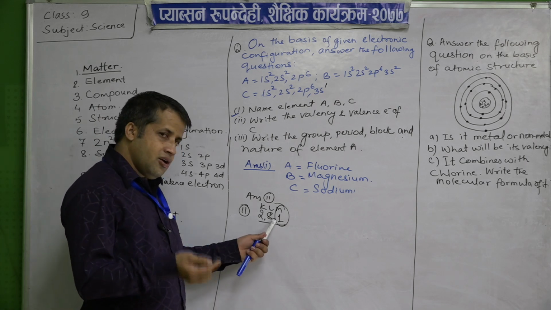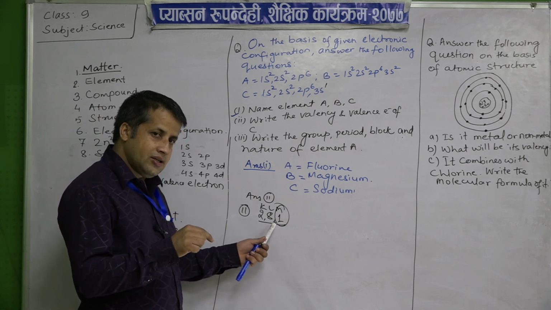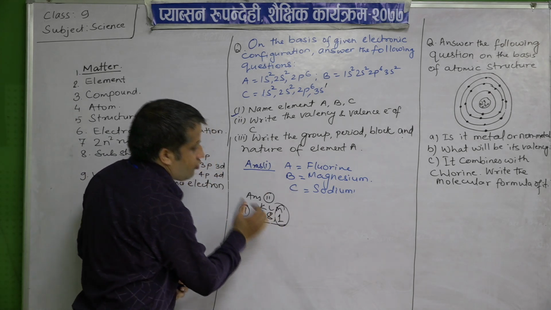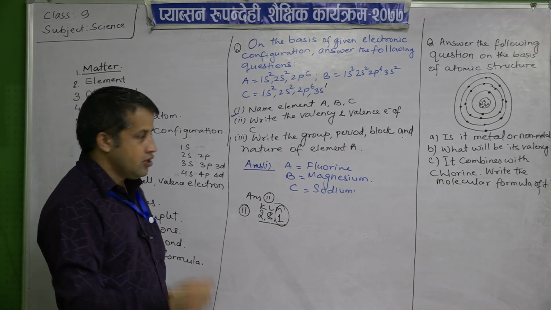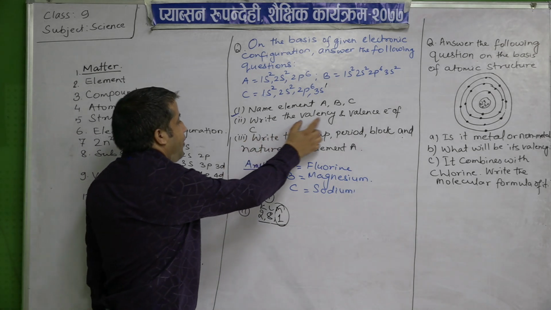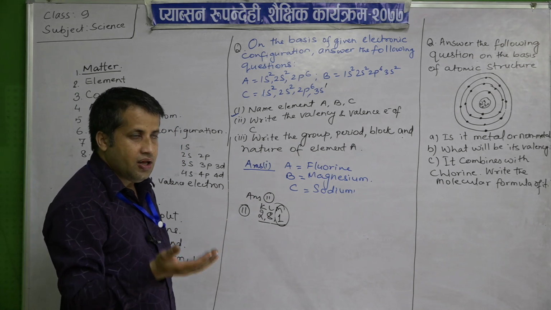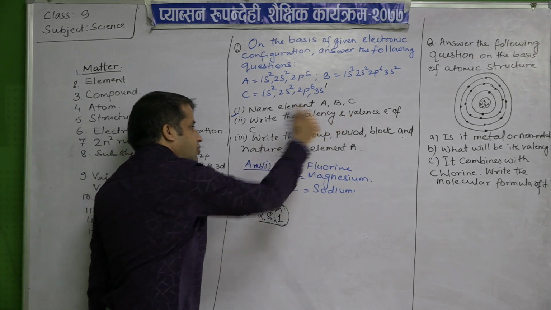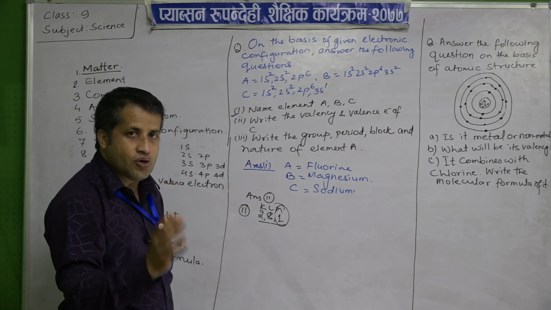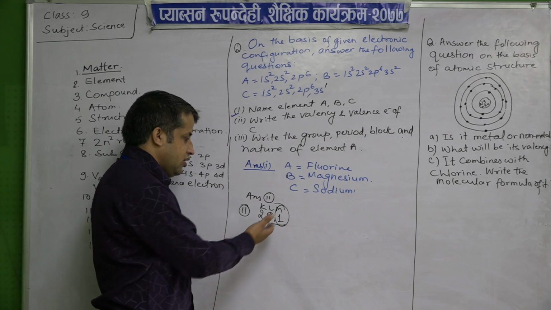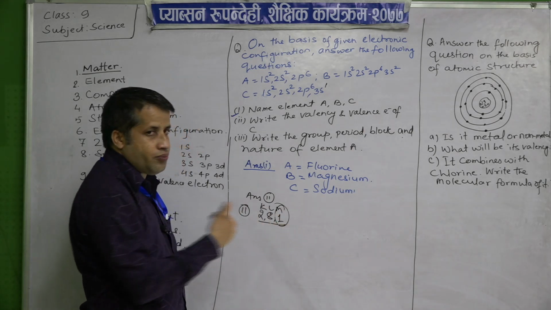So here the number of electrons is 1 and the tendency to give and attain a stable electronic configuration is also 1. Valency means the capacity of losing electrons to become stable, and valence electron means the number of electrons present in the outermost shell of an atom. In both cases it can lose 1 electron to become stable.